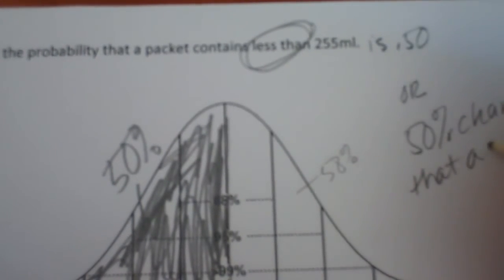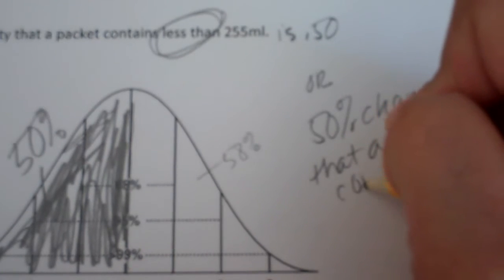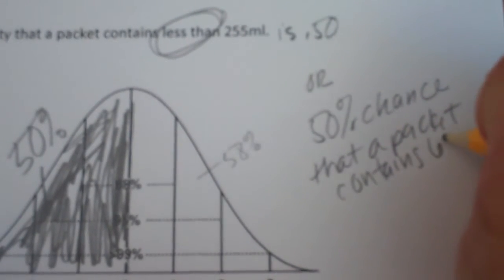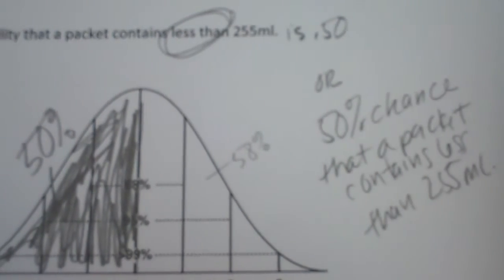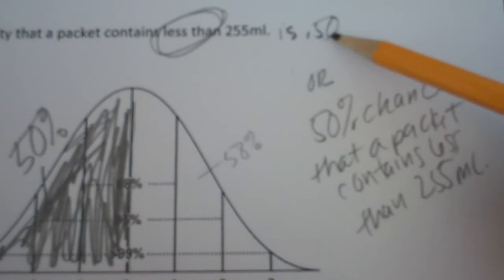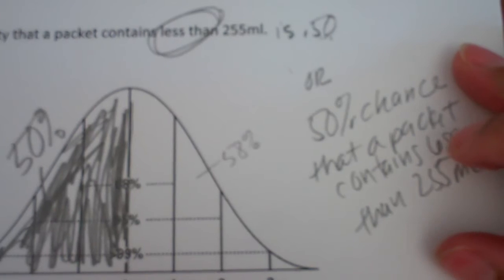So the proper way for writing the probability is 0.50. You could, however, say it's a 50% chance.